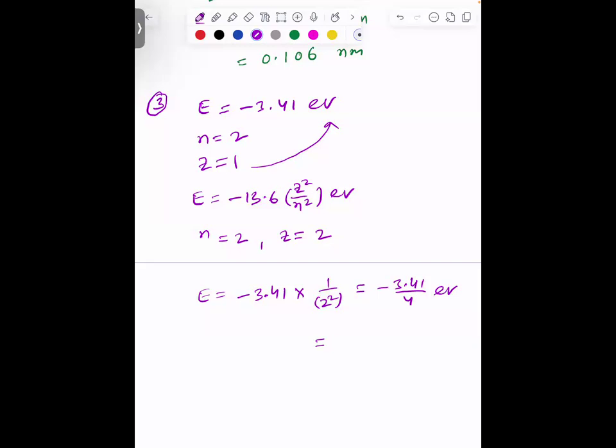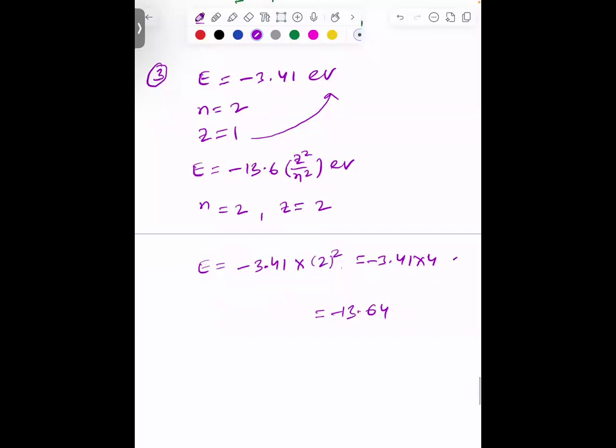Once again into 1 upon Z square, so it is 2 square. So that is 3.41 into 4, so minus 13.64. So the option is minus 13.62. It is the correct one. Here the Z value can change while the n value is the same. So Z is in the numerator, and you have to multiply the given energy by Z square, that is 2 square.